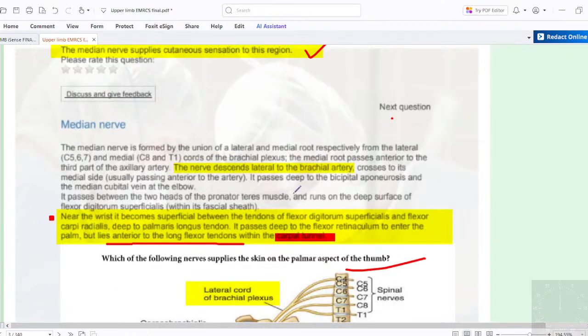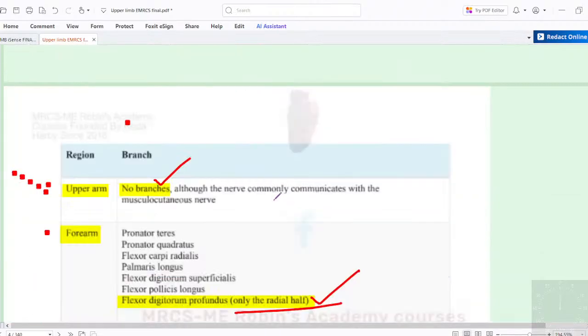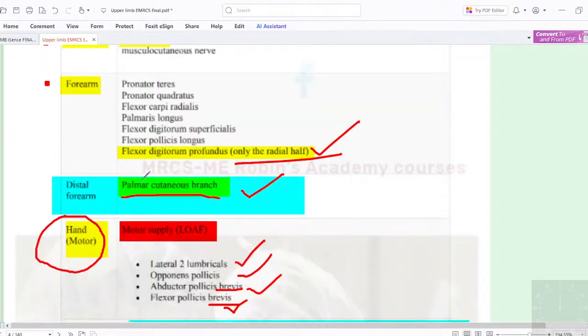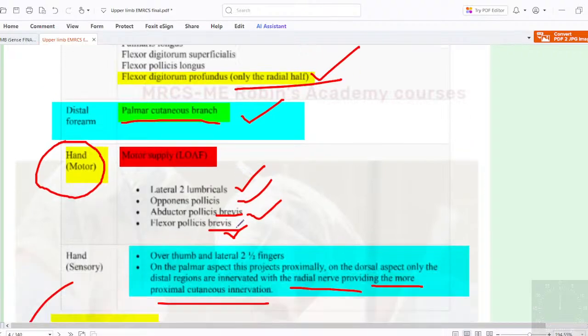So here you have to read the median nerve. Median nerve, upper arm, no branches. In the forearm, they have these branches; we have seen it in lecture 5. In the distal forearm, the palmar cutaneous branch. And in the hand, motor supply LOAF: lateral two lumbricals, opponens pollicis, abductor pollicis brevis, and flexor pollicis brevis.